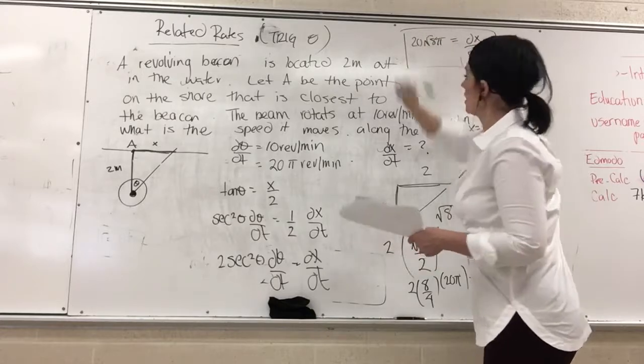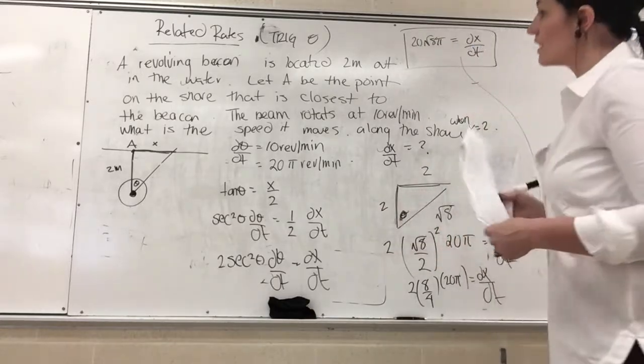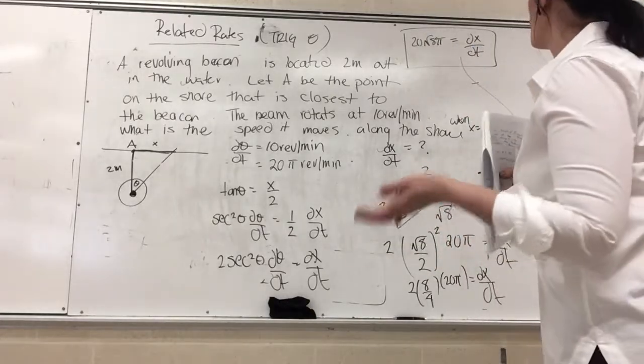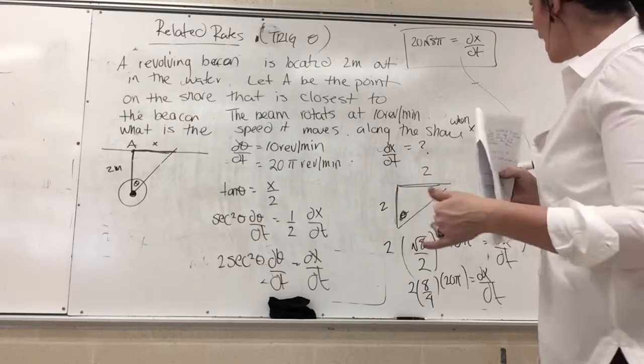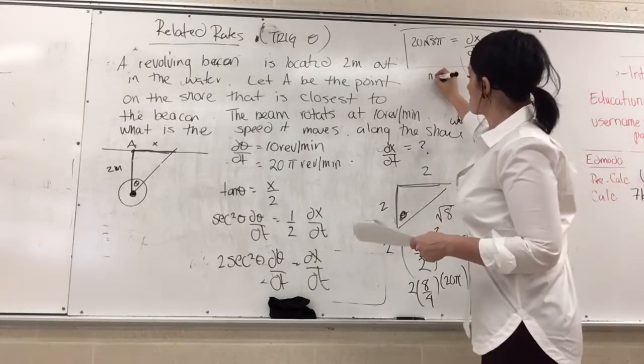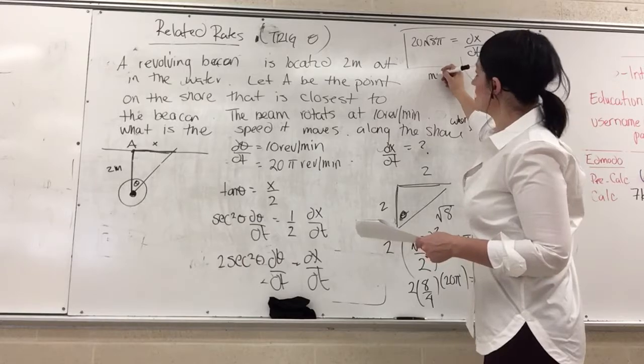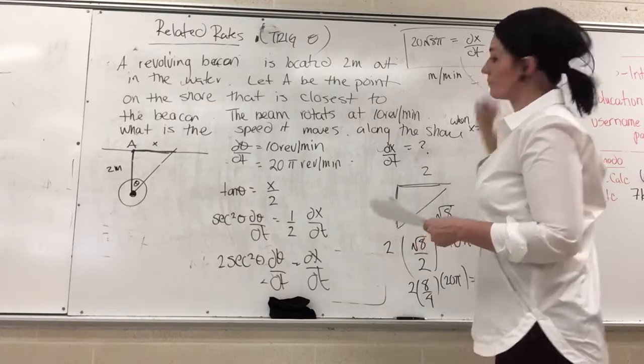So the beacon is moving along the shore at a rate of 20 root 8 pi meters per minute. Okay.